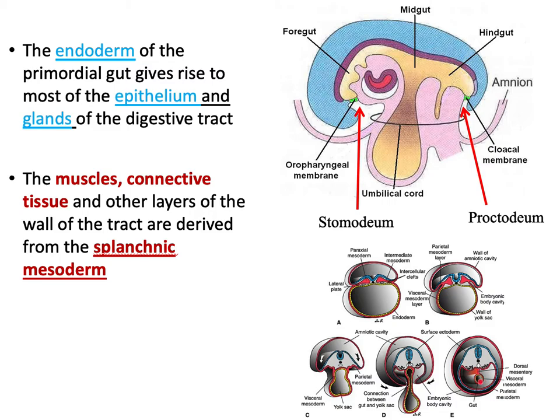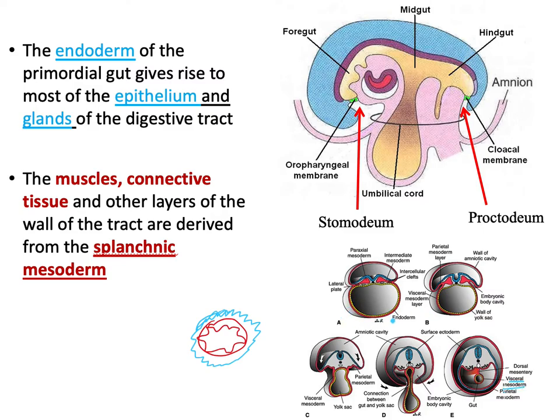This is the gut tube, and most of the epithelium and the glands inside the gut tube are derived from the endoderm, while the muscles, connective tissue, and other layers of the GI tract are derived from the splanchnic mesoderm, or we call it visceral mesoderm, that we explained.